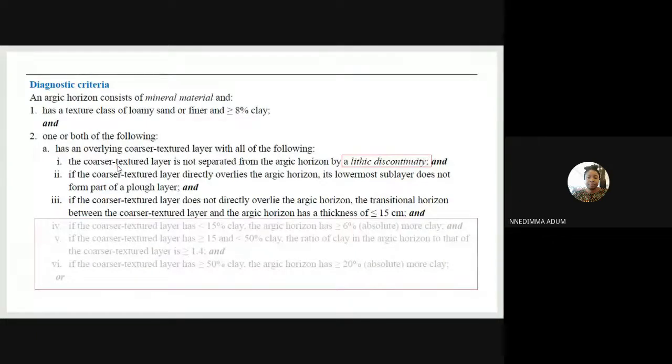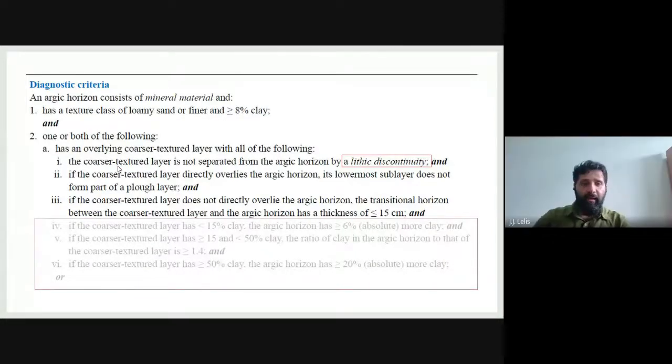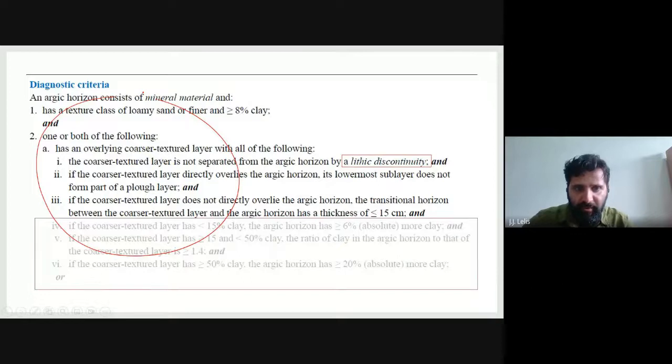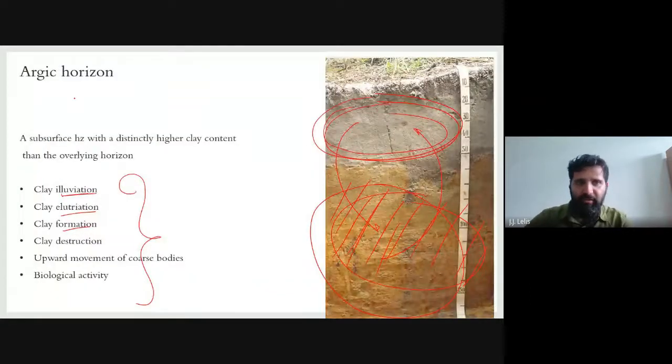Okay. Now we have the diagnostic criteria to identify this argillic horizon. We will see this in the next class because it's a lot of information, and we need to calculate some values to check if they follow all these criteria, okay? So we stop here, just discussing how we could identify the argillic horizon.